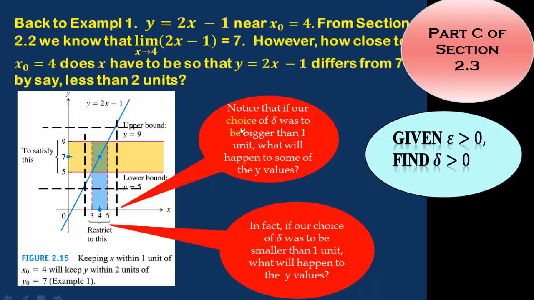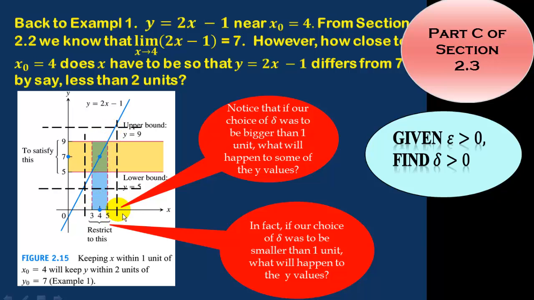If our choice of delta was bigger, like what I said earlier, except I didn't use the word delta yet because I haven't used the definition yet. Okay, so if our choice of delta was bigger, then what will happen to those y values? Of course, these y values will still be contained in the yellow strip, but these y values won't be in there.